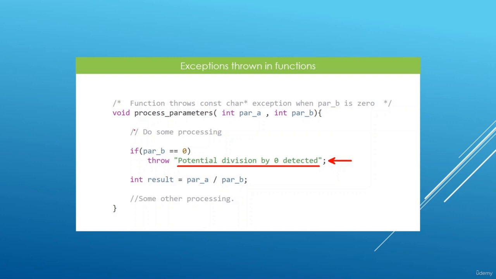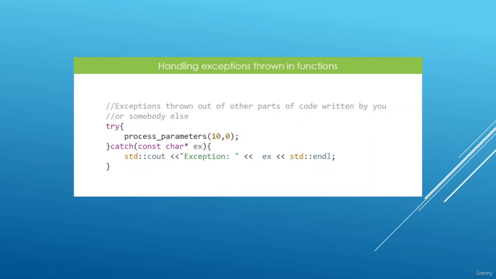So we will need a catch block that can process a const char pointer. Here we have a possible try block which calls our function to process parameters. We're going to pass in a 10 and a 0 here, and we're going to catch the exception here and handle it, and our program is not going to crash as a result of the exception that was thrown in this function here.